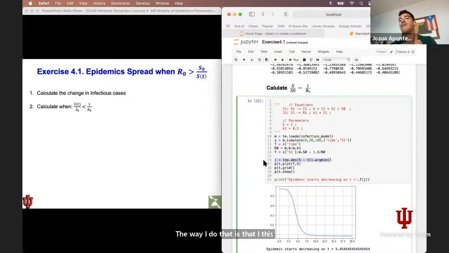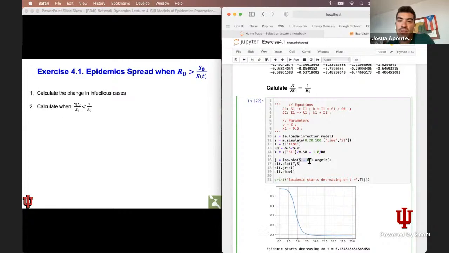It's going to show up in pretty much this lecture constantly, because what we want to do is look at our Y array and determine when it crosses 0.